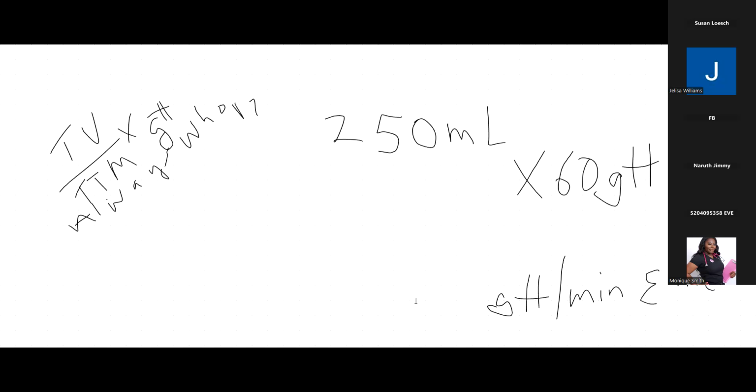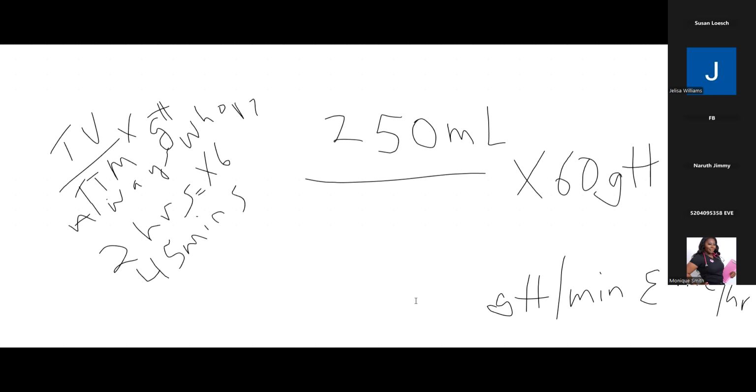All right. So we're going to do the drops per minute first. All right. So we have 250. Now our time was 2 hours and 45 minutes. So we're going to convert this by multiplying the 2 hours by 60. So that gives us 120 minutes.